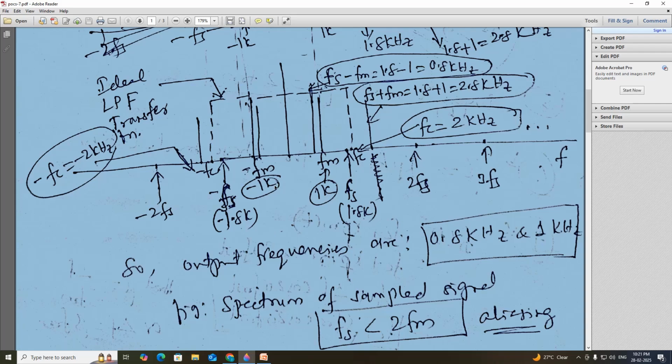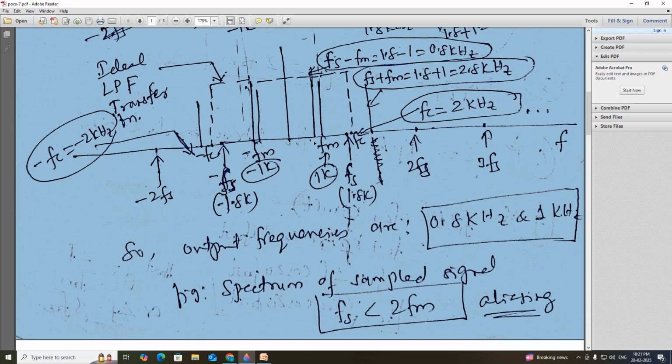After sampling, the spectrum looks like this. The message spectrum will be reproduced, that is minus fm and plus fm, which is equal to 1 kilohertz here. Coming to the next, fs, 2fs, 3fs are multiples of the sampling rate.